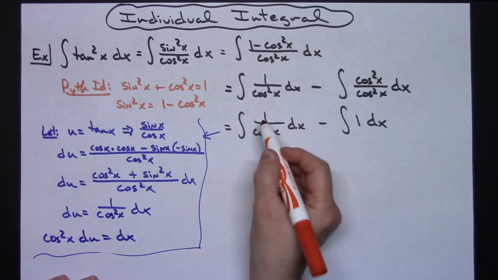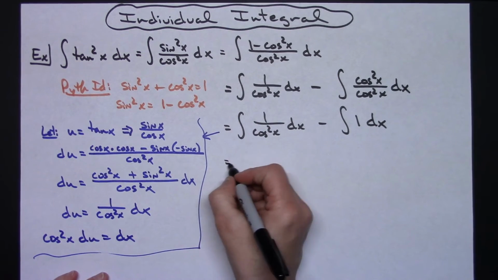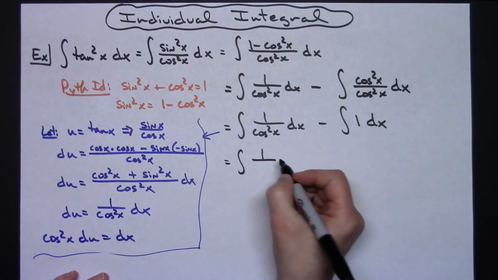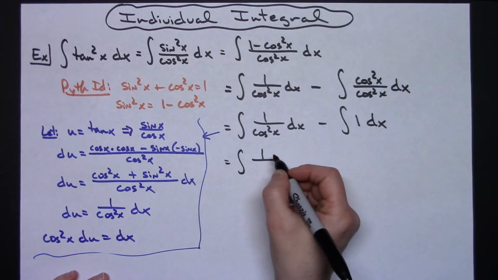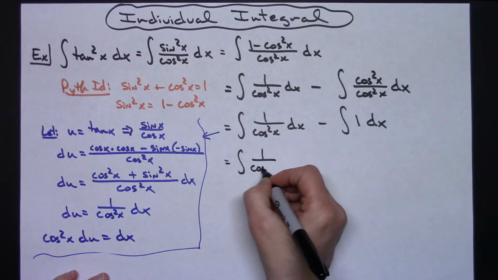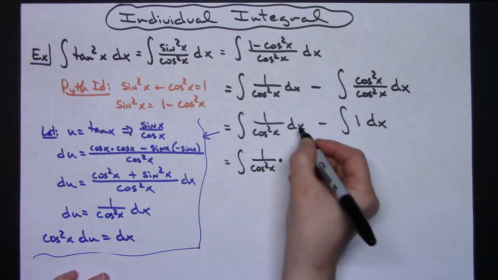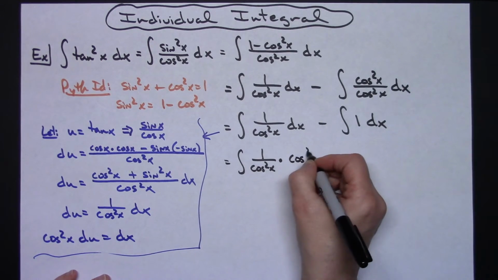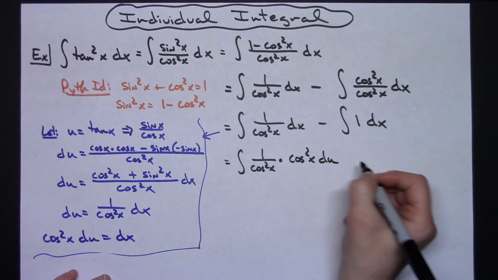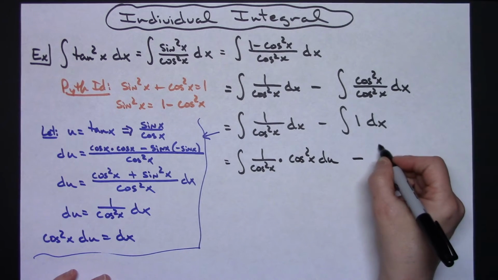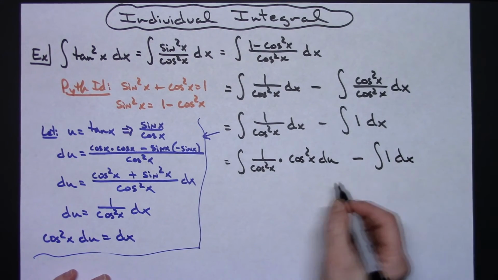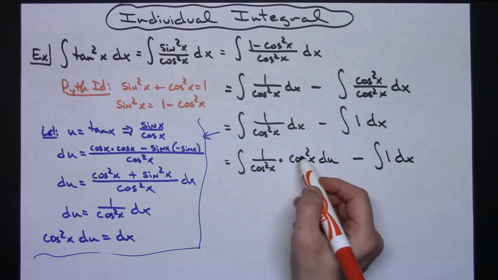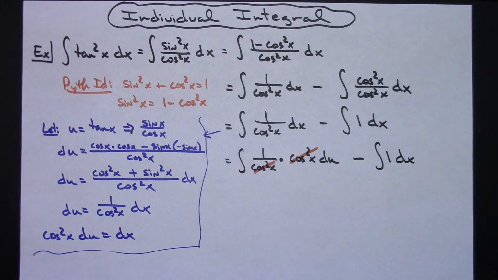So coming up here, I'm going to have the integral of 1 over cosine squared x, which is going to stay because I didn't do a substitution there. I'm going to replace that dx with cosine squared x du, and then minus the integral of 1 dx is just going to stay. That's going to allow me to cross out those cosine squared x.